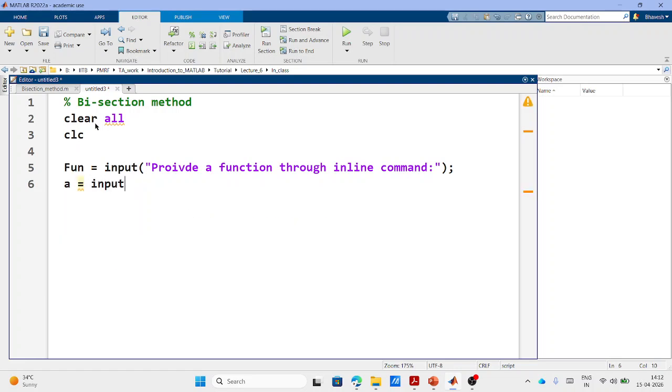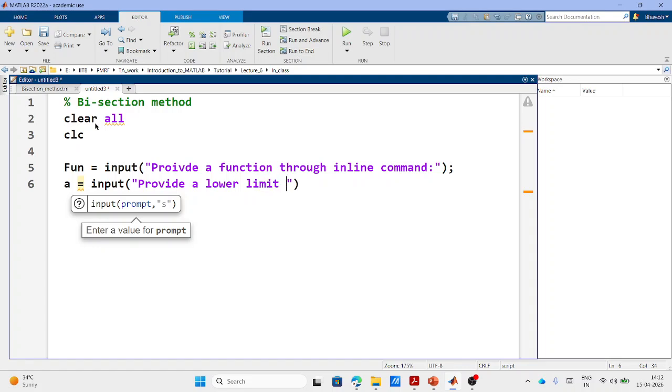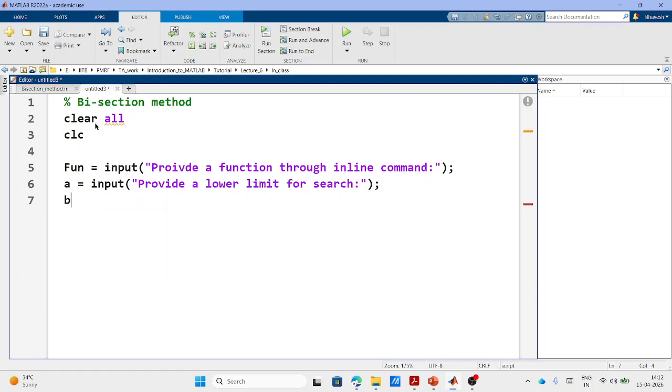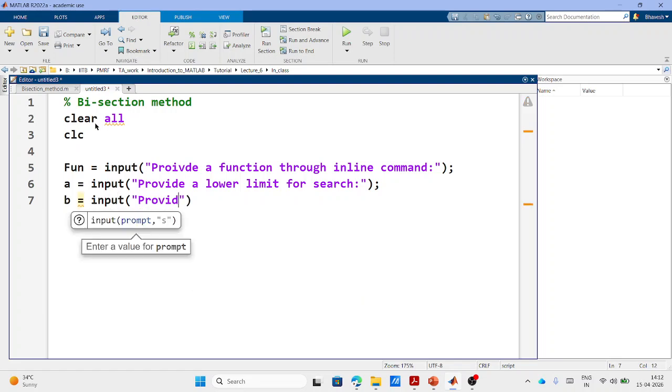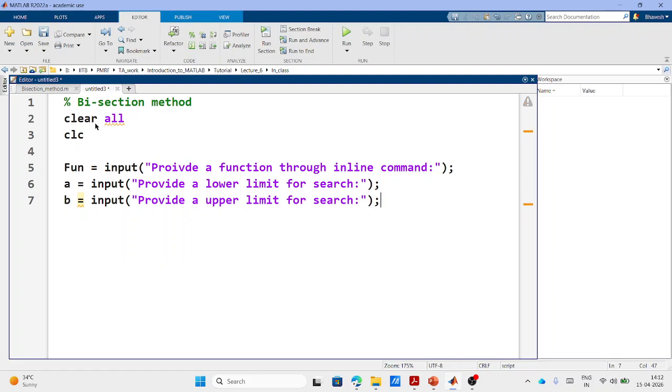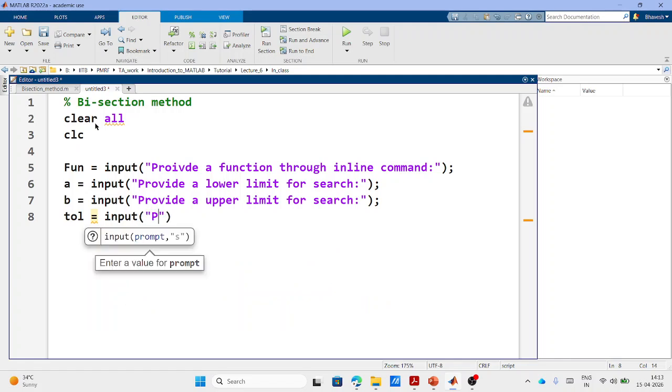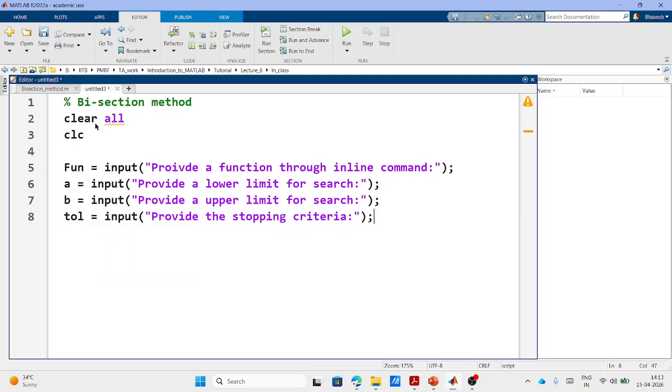I want the user to provide me two extremes: provide a lower limit for search, then b is equal to input, provide an upper limit for search. You can ask for tolerance also. Provide the stopping criteria.